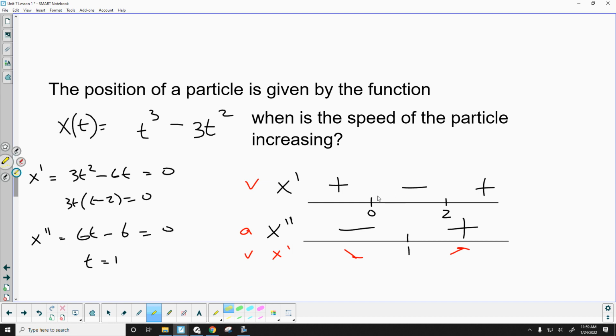I think it's easier that way to just identify negatives and negatives versus, okay, I'm moving to the right because V is positive, my position's increasing. I don't like to put position increasing anymore because it's helpful to just say I'm moving to the right, and then I'm moving to the left, and then I'm moving to the right.